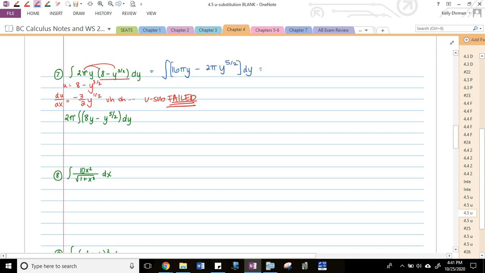16 pi y squared over 2 is going to be 8 pi y squared minus 2 pi y to the 7 halves times, instead of divided by 7 halves, might as well say times 2/7.